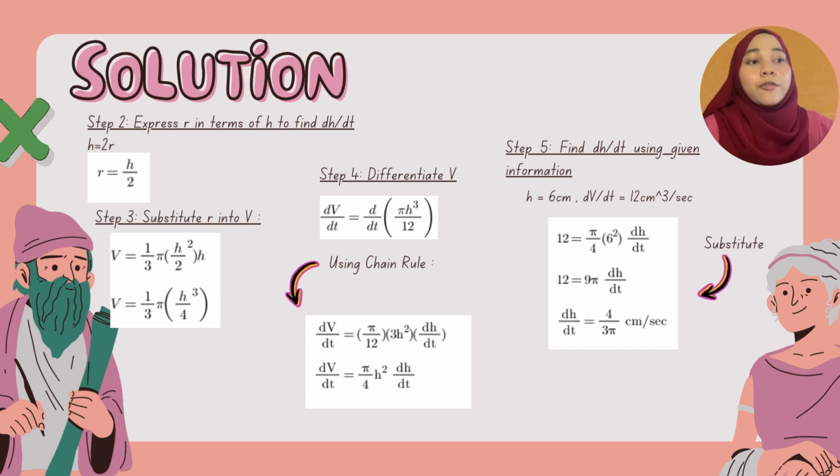And then for the last step, we need to find dh over dt using the given information, which is they gave us h is equal to 6 centimeter and dV over dt is equal to 12 cubic centimeter per second.